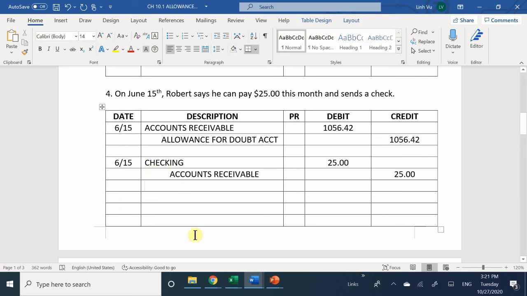Here we've reduced the accounts receivable, and you can write a note that Robert paid a portion.